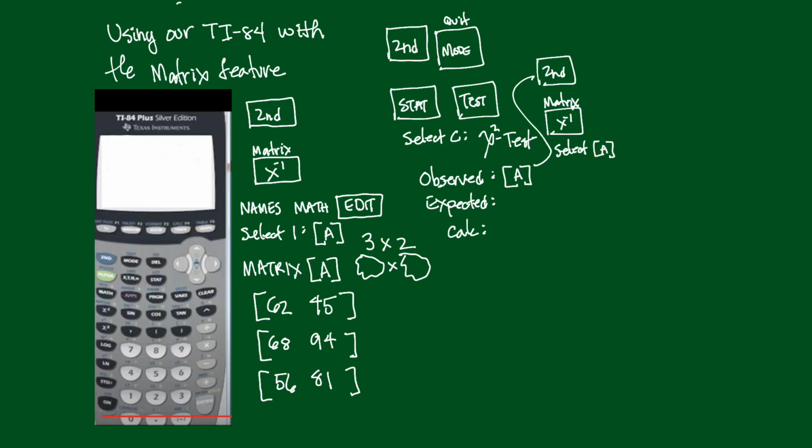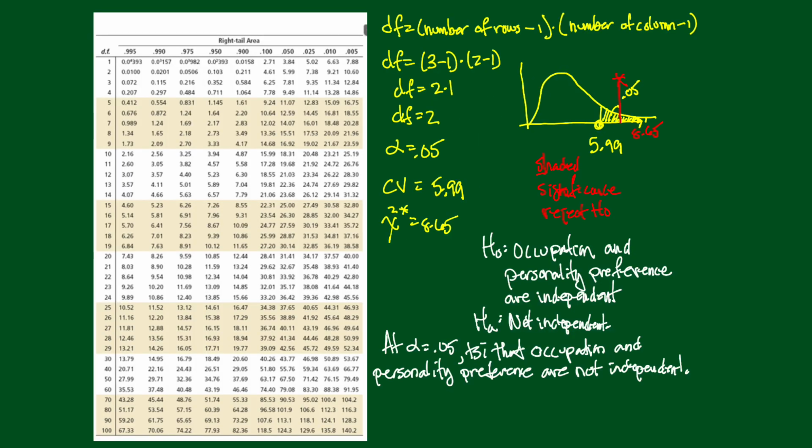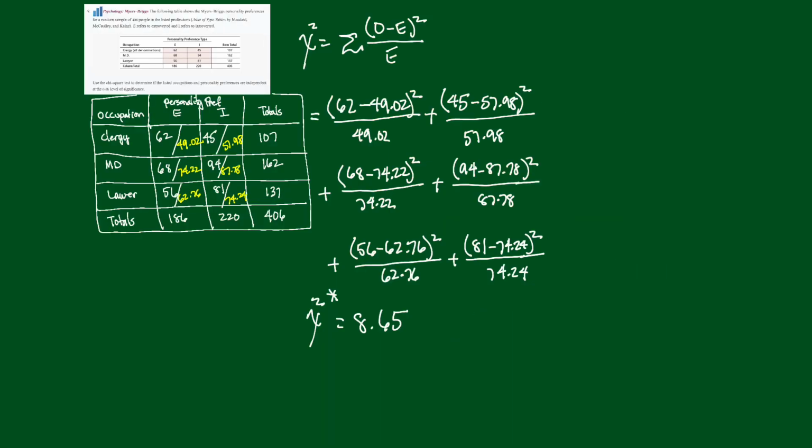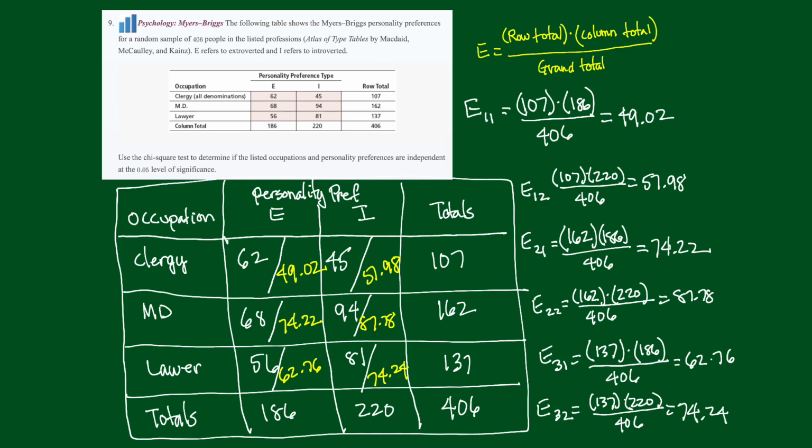Press enter. Now when you press enter, by default, matrix B comes up. Now that is where the calculator just did, and I'm going to go back a page, another page, another page, all these computations, right? Took us a long time.